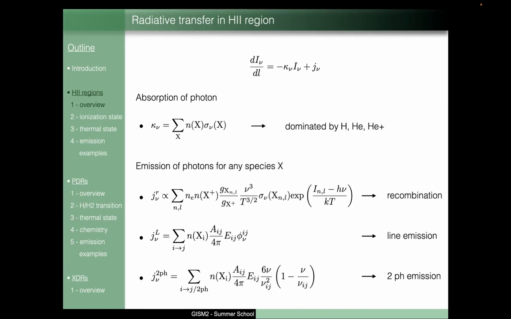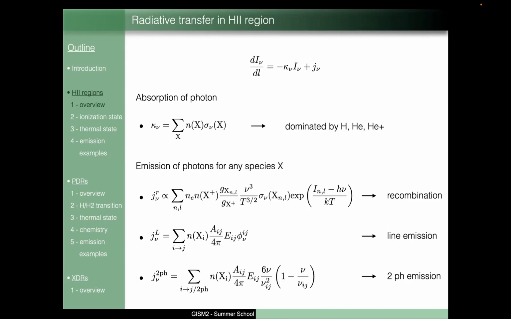Now, what about the emission coefficient? What we have to realize for H2 regions, since we only care about propagation of photons between 13.6 eV and a few hundred eV, is that if the H2 region did not itself emit photons larger than 13.6 eV, then this equation would be incredibly simple to solve.